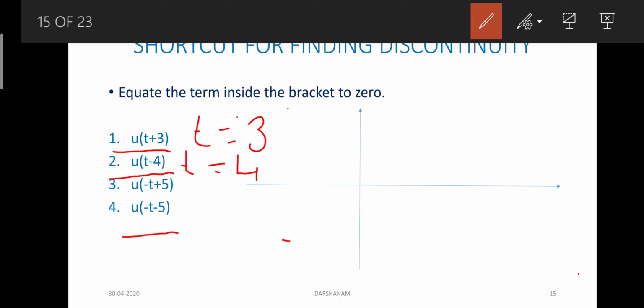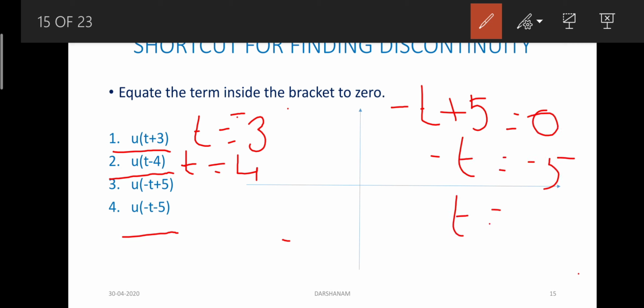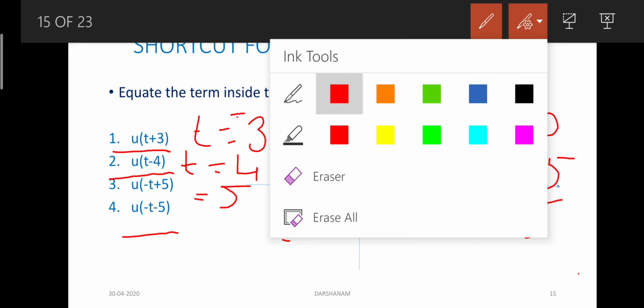Here it is t equal to minus 3, here t equal to 4, then u of minus t plus 5. Putting minus t plus 5 equal to 0, that is minus t equals minus 5, so t equals 5. So here the discontinuity is at 5. Then u of minus t minus 5.